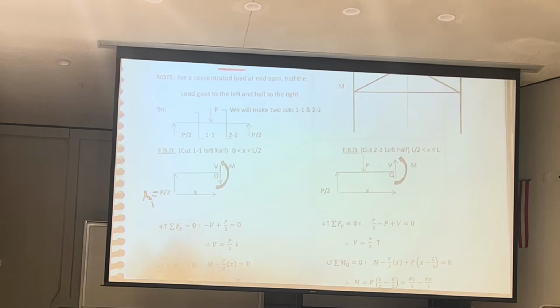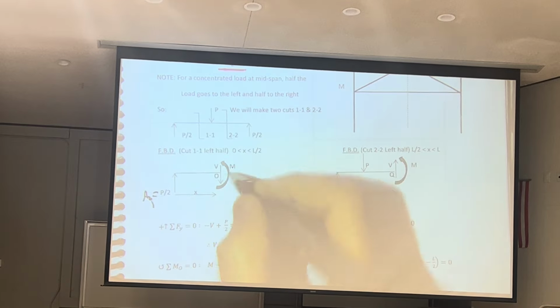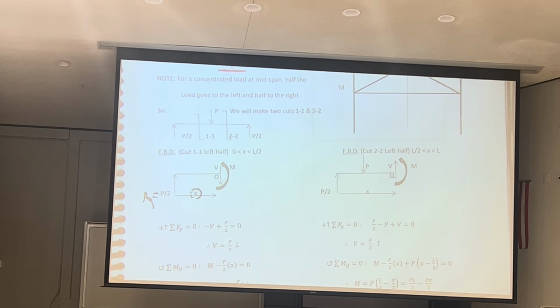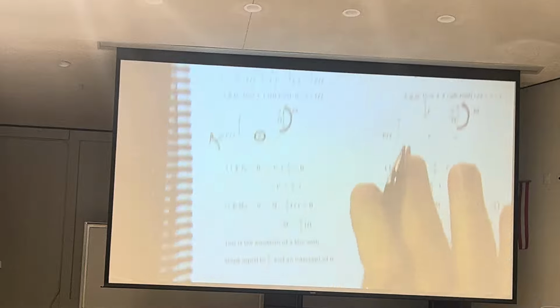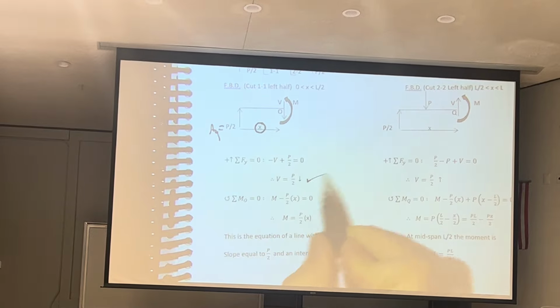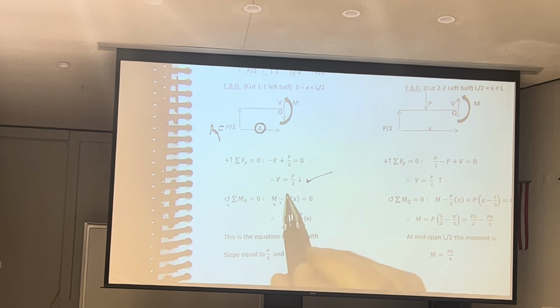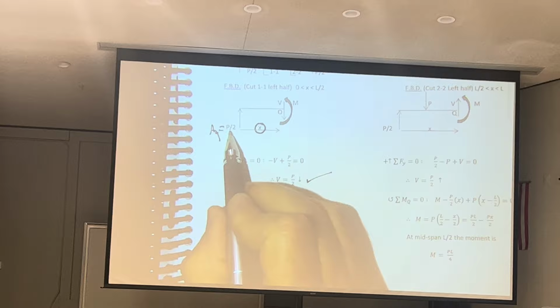So there's my V and M, and they're in arbitrary directions, and I've made a cut at an arbitrary distance X. So I sum forces in the Y, that gives me V equals P over 2. I sum moments, counterclockwise positive, I'll get M minus this load, P over 2, which is AY.